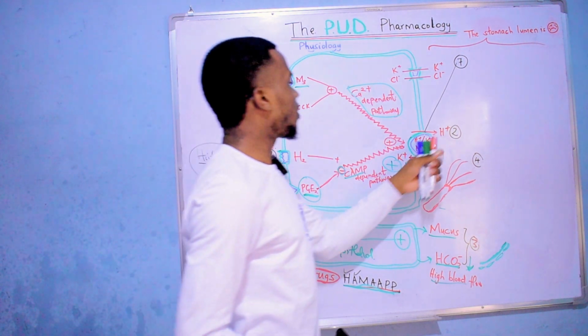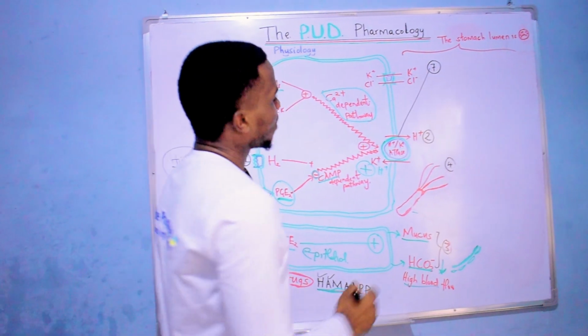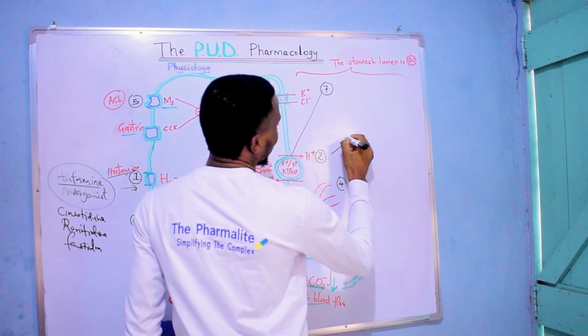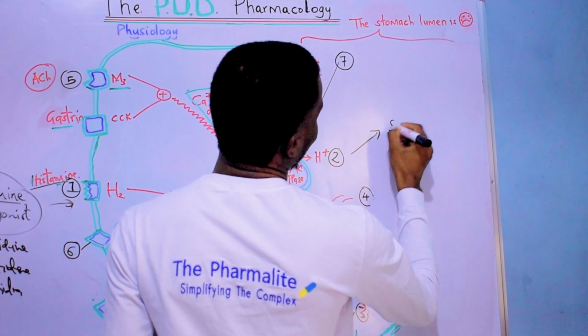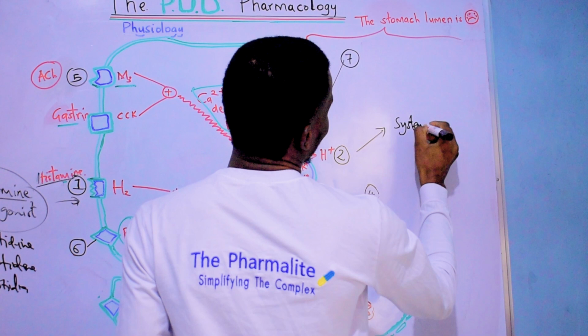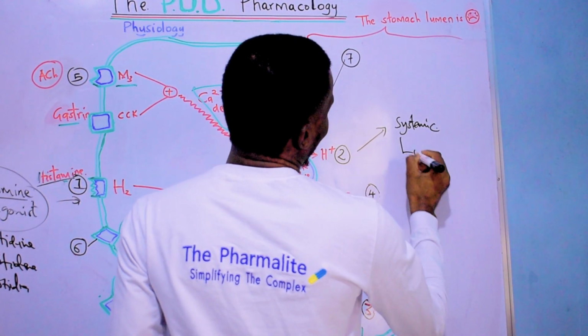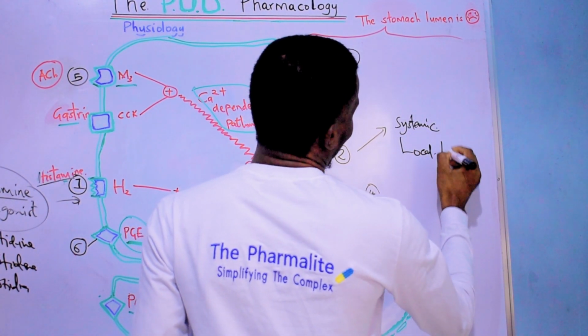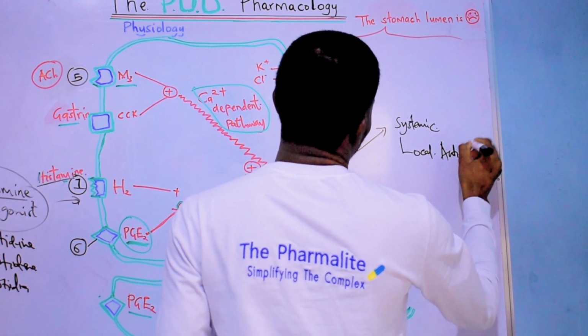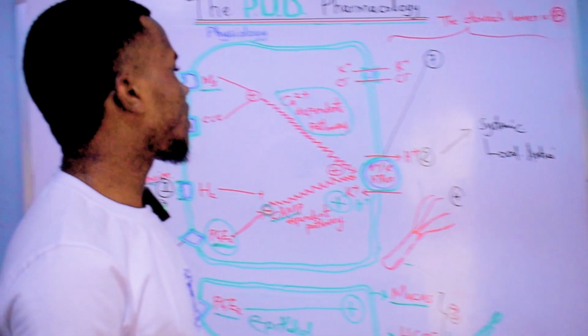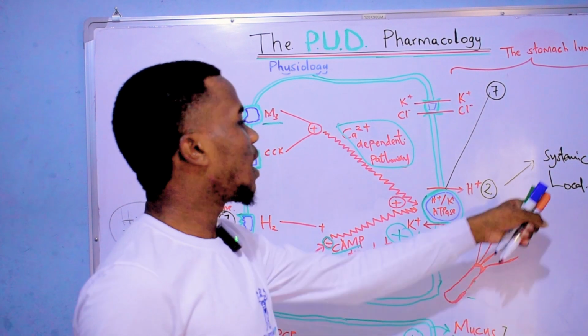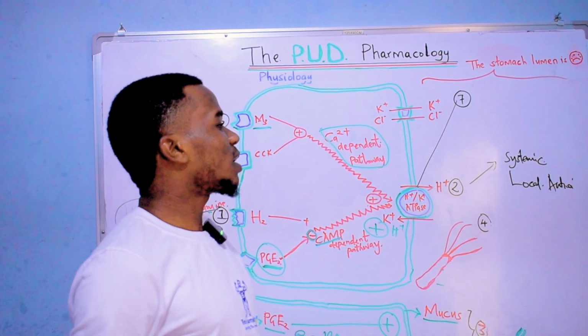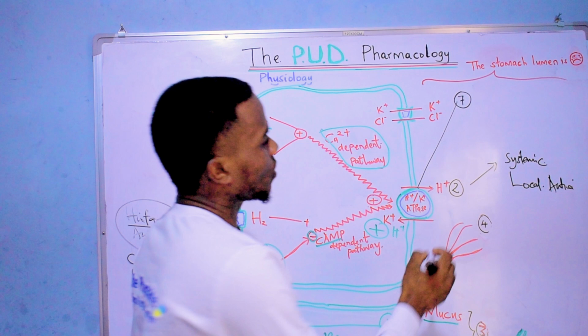The second category is the antacids. So antacids can be broadly classified into systemic and locally acting antacids. So what antacids do is that they are used to relieve the acid condition in the stomach just for a short while.